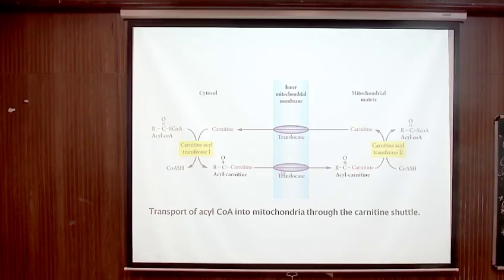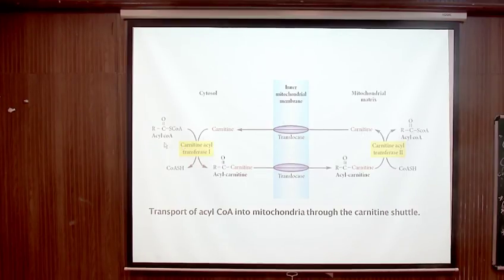As I said, there is another coenzyme A pool in the mitochondrial matrix. So this acyl carnitine is acted upon by carnitine acyl transferase 2, which is present on the inner surface of the inner mitochondrial membrane, and it takes in coenzyme A, and carnitine is given back and forms acyl coenzyme A.